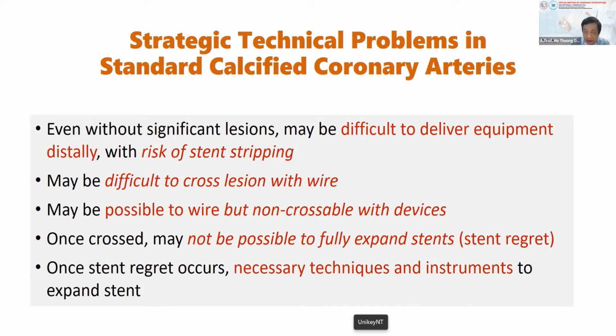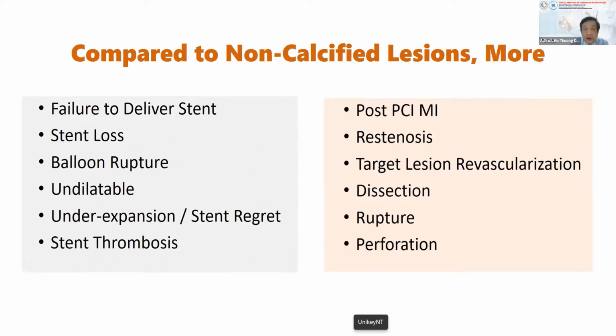We need necessary techniques and instruments such as the rotablator. Because of many obstacles, patients after calcified lesion PCI often have worse outcomes: periprocedural myocardial infarction, restenosis, target lesion revascularization, dissection, rupture, perforation.